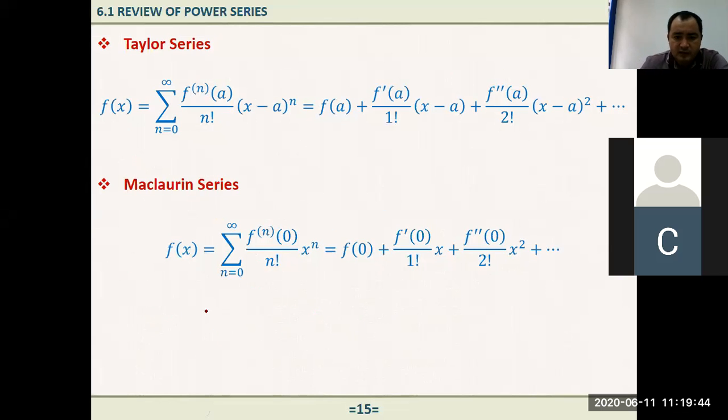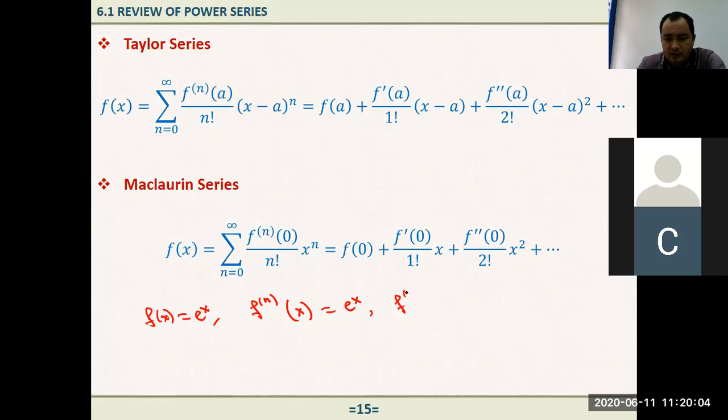If our f of x is equal to e to the power x, what is its nth order derivative? We know that if you differentiate infinitely many times, it does not change, so it is equal to e to the power x.